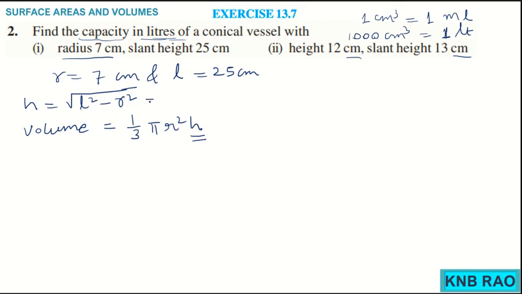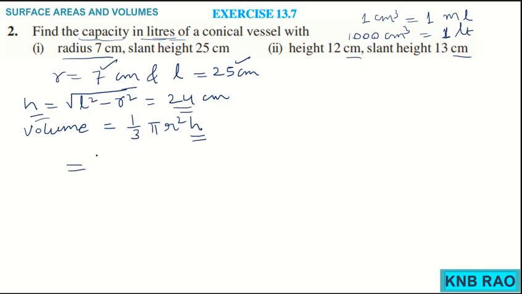Either you can do it that way, the calculations are simple, or the other way is Pythagorean triplets. Here 7, 24, 25 is one of the Pythagorean triplets. So, I could straight away say h is 24 centimeter.